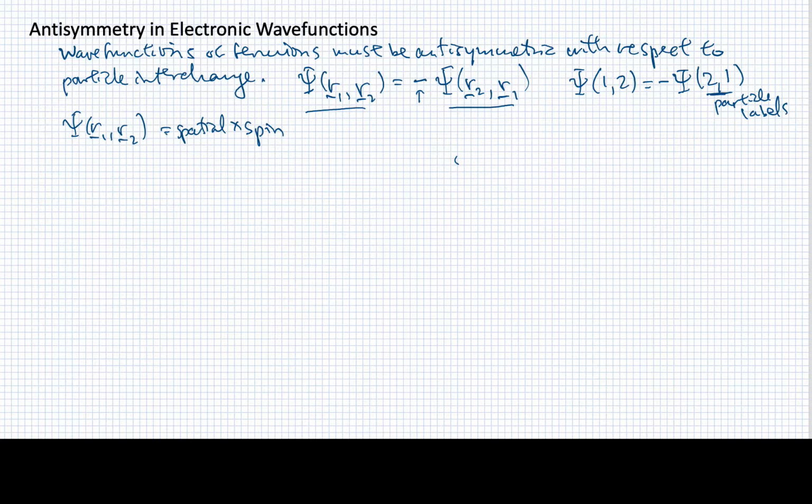Now for the whole wave function, if I have a whole bunch of electrons in there, it can't necessarily be written as a simple product like this. It's going to be a linear combination over products. But for any 2-electron system, I can absolutely write it down as a spatial part times a spin part. But let's work on how we put together the spin orbitals for single electron functions.